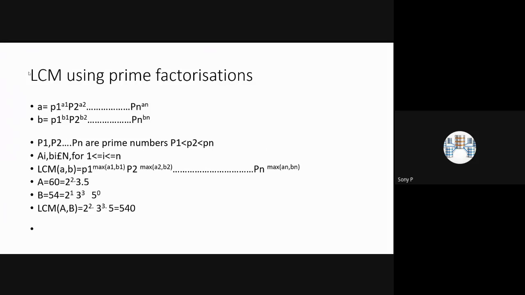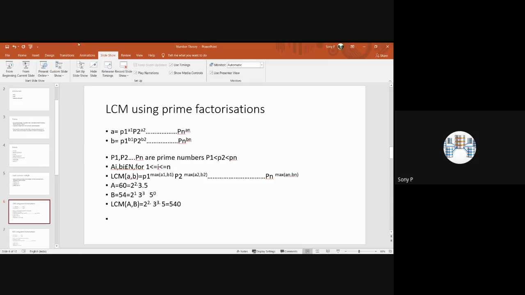The first number 60 can be written as the product of some prime numbers, that is 2 raised to 2 into 3 into 5. Similarly, the number b, 54, can be written like this: 2 raised to 1 into 3 cube into 5 raised to 0, that is 1.